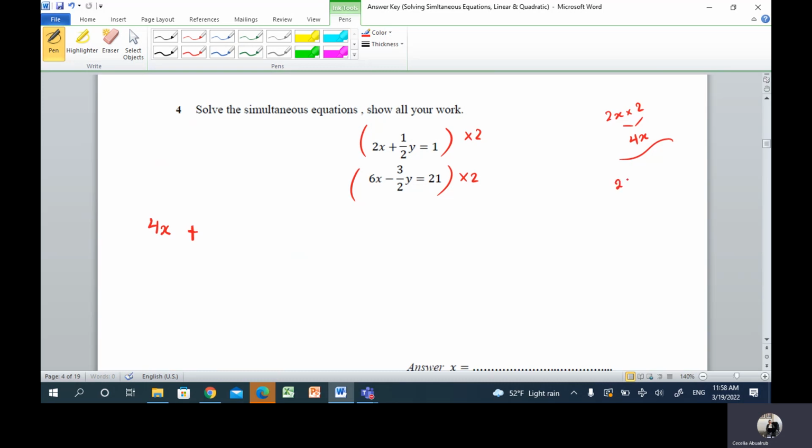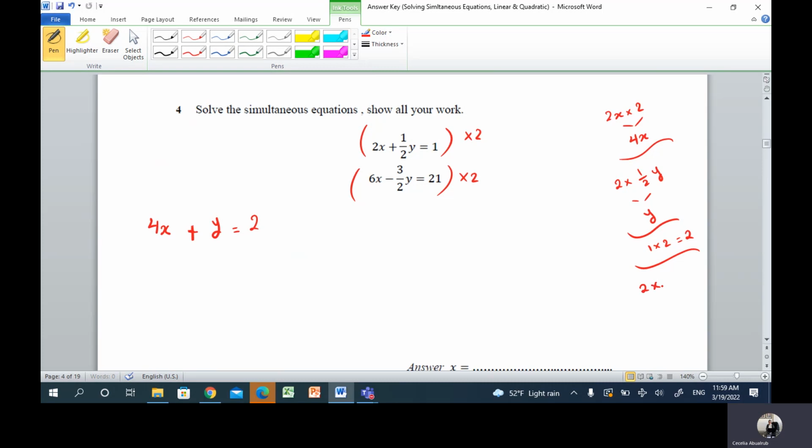And then 2 times half of y, the answer will be y. So plus y is equal to 1 times 2, the answer is 2, right? So 2.